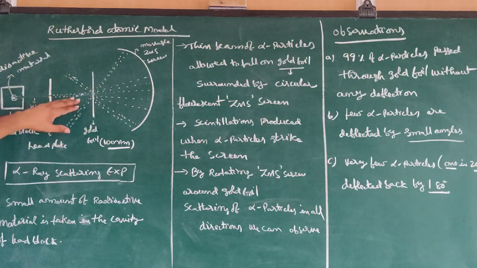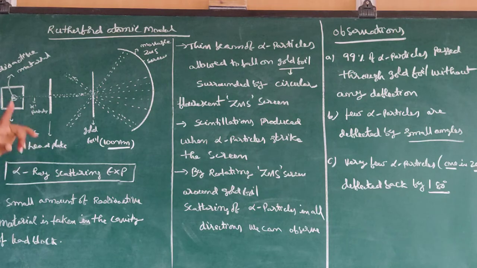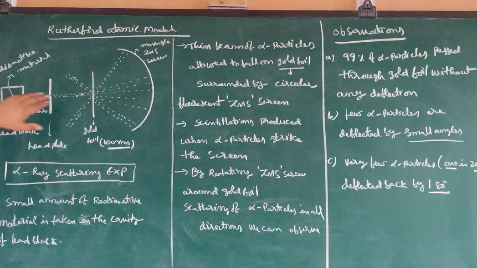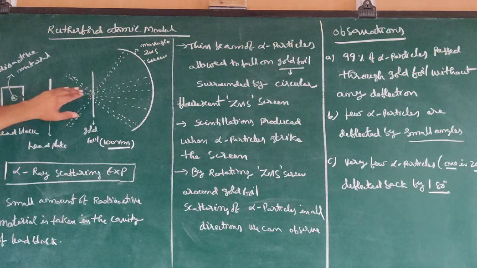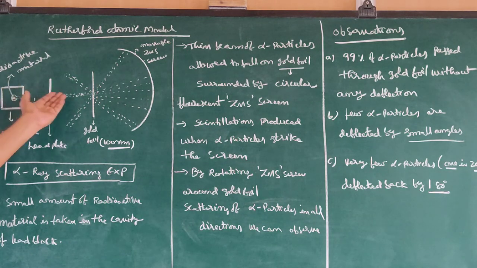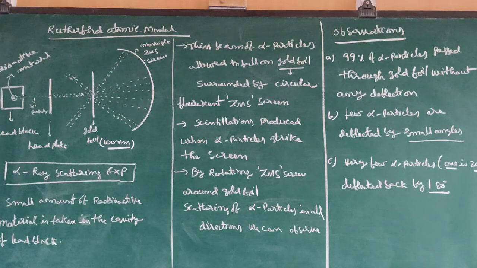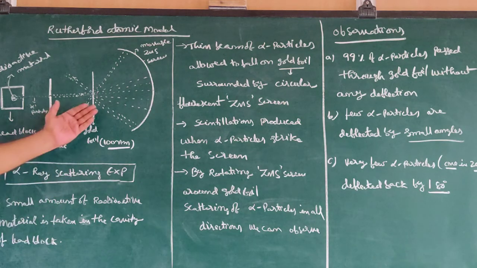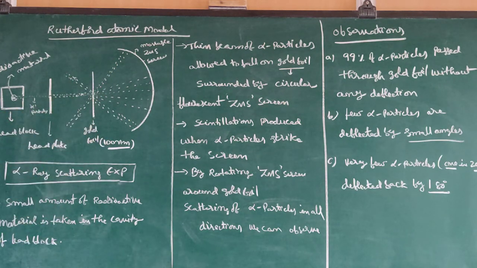Very few alpha particles, one in 20,000, can deflect back nearly 180 degrees. These are the observations by Rutherford.